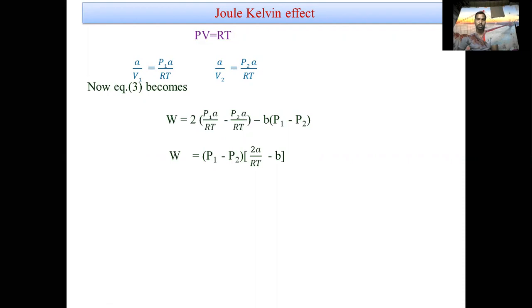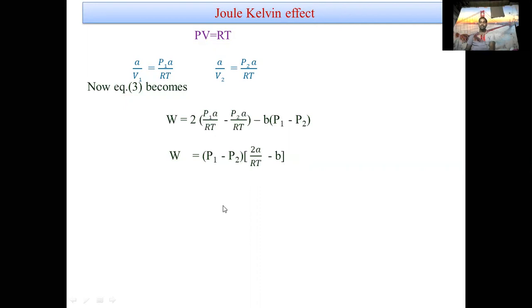Now in these two terms the common term is P1 − P2. Again we take P1 − P2 common, and the remaining term is 2a/RT − b. That is W = (P1 − P2)(2a/RT − b).